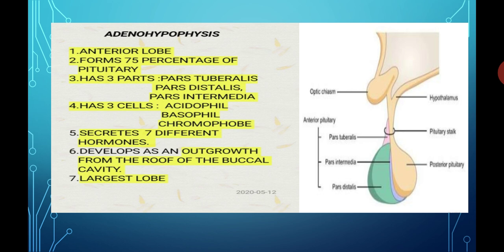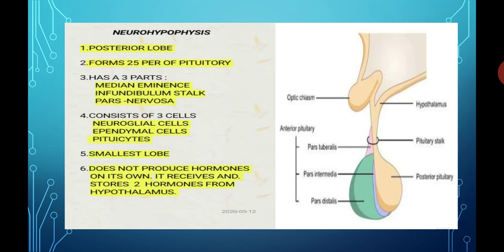Let's see the neurohypophysis. Neurohypophysis, point 1, it is the posterior lobe of a pituitary gland. Number 2, it is the smallest lobe of a pituitary gland. Number 3, it forms 25% of a pituitary gland. Number 4, it has three parts: median eminence, infundibulum stalk and pars nervosa.